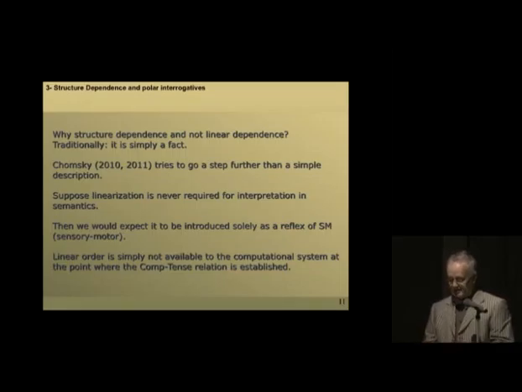Then we would expect it to be introduced solely as a reflex of the sensory motor apparatus. So he said, linear order is simply not available to the computational system at the point where the comp-tense relation is established. So therefore, since it's not available, that's why you don't have linear rules. You have structural rules instead.